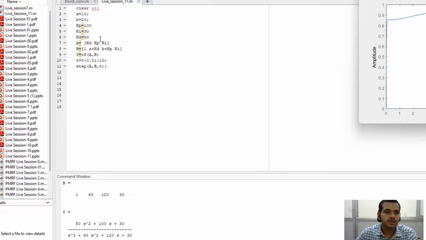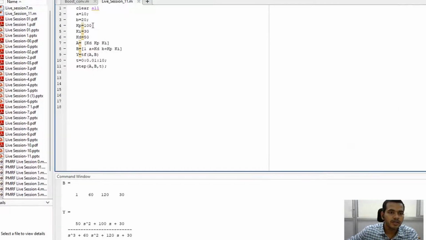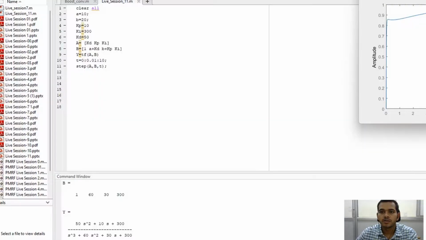And if I increase KI 10 times, then you find this is an oscillatory system. Settling time will increase here if you increase the KI.